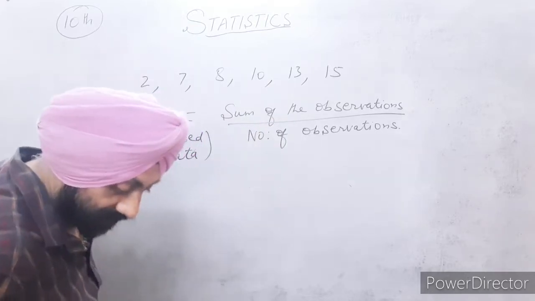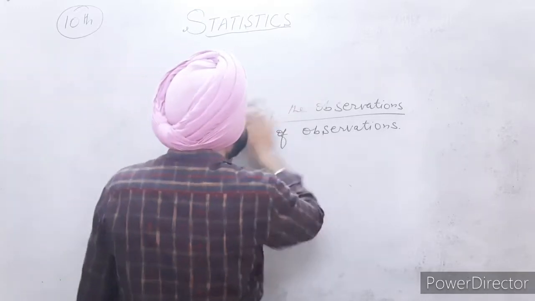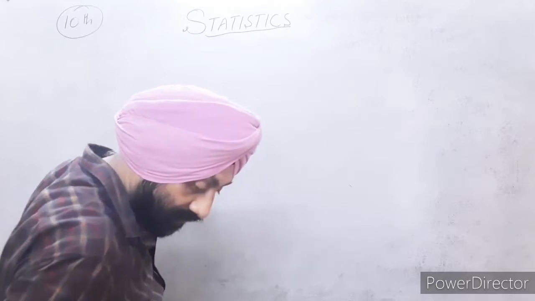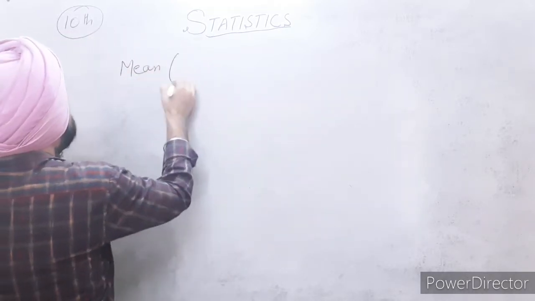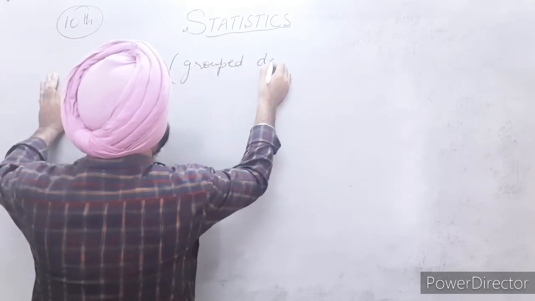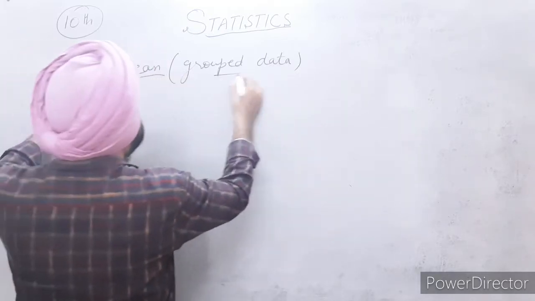Now, second is when it is grouped data, the mean of grouped data. There we have formulas to calculate the mean. How do you find the mean of grouped data?